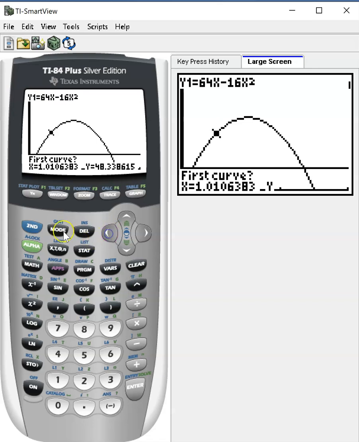Again, it doesn't have to be all the way over there, but just closer, and then I'm going to hit enter 3 times. 1, 2, 3. I know I have my answer when it says intersection. So it intersects at x equals this and y equals 20. And those are my 2 answers for this problem.